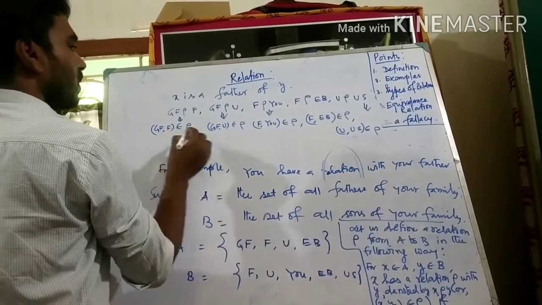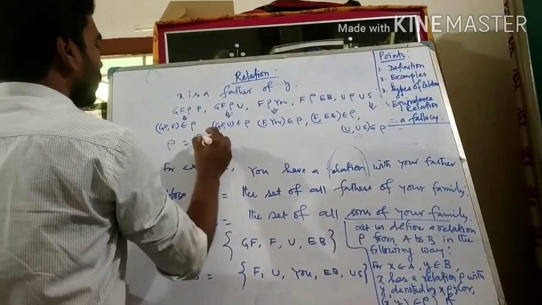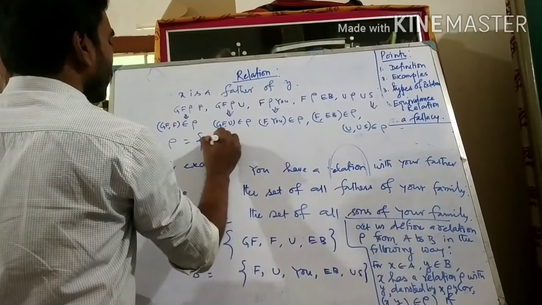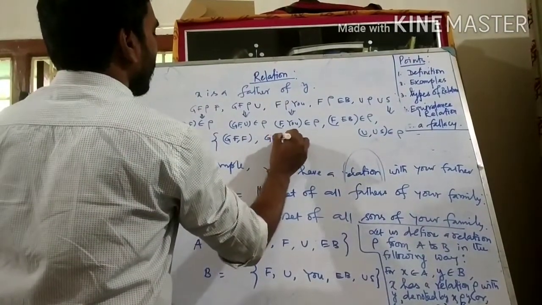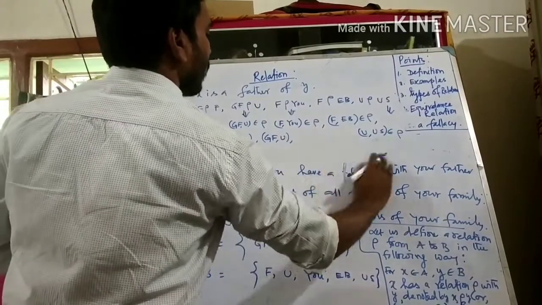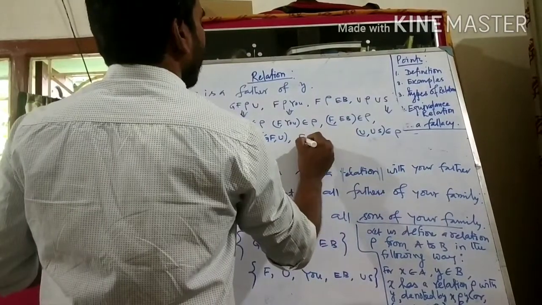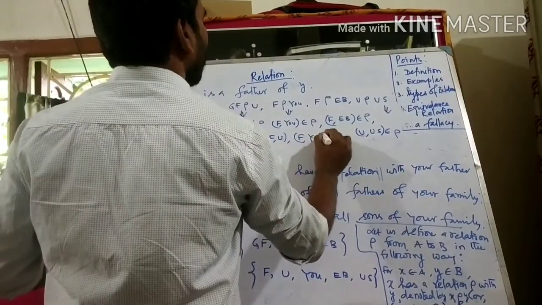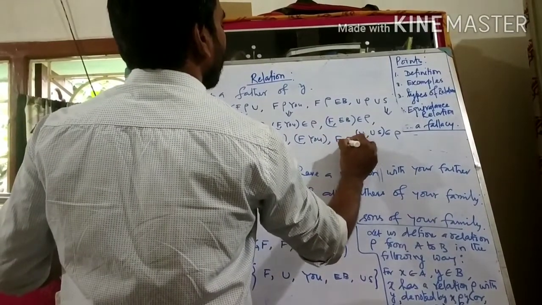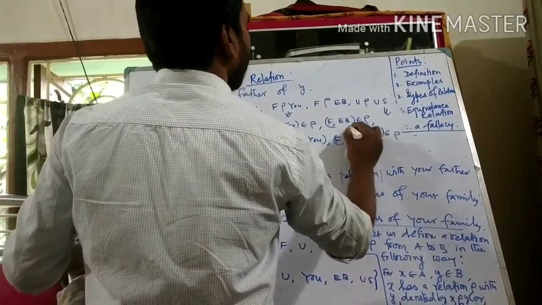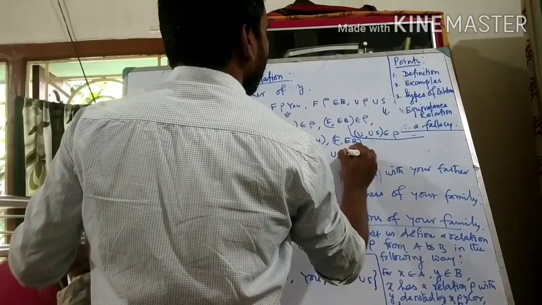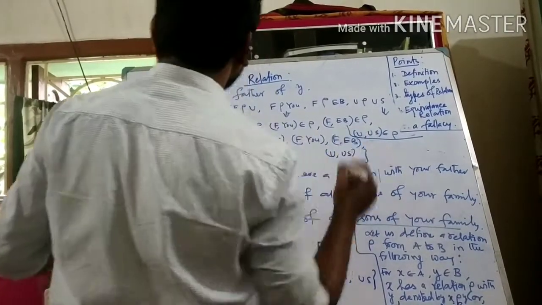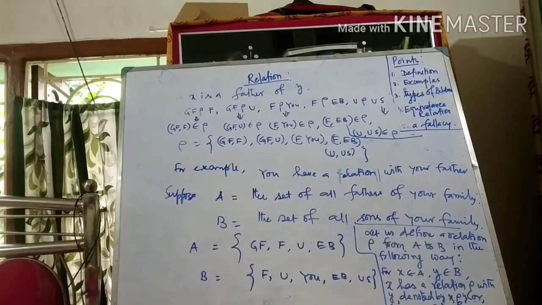So rho becomes {(GF, F), (GF, U), (F, U), (F, EB), (U, US)}.